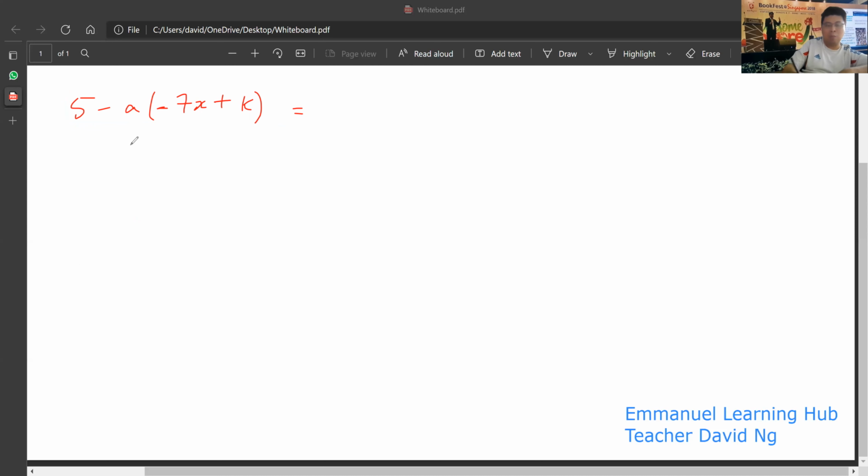So this thing in the bracket, they are multiplying by a, or they are multiplying by 5 minus a? They are multiplying by negative a. So nothing is multiplying by 5, right? So 5 is still alive. 5 is still 5. So this one you expand out, it becomes 7x a.